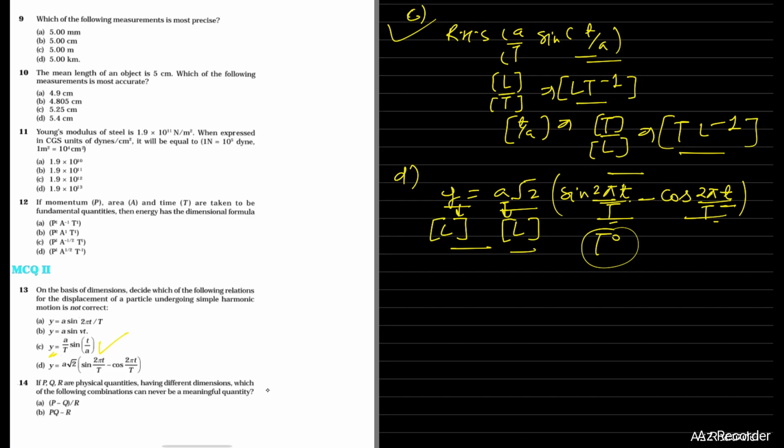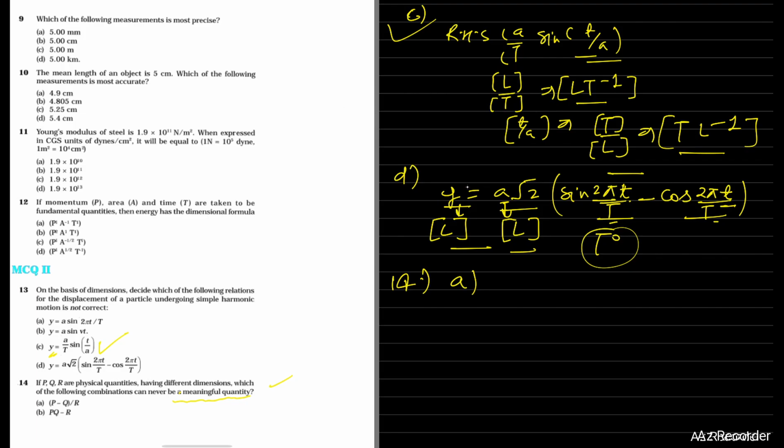Now question number 14. Firstly we will read it. If P, Q, R are physical quantities having different dimensions, which of the following combinations can never be a meaningful quantity? Out of these four options, we have to find which option would never be meaningful.